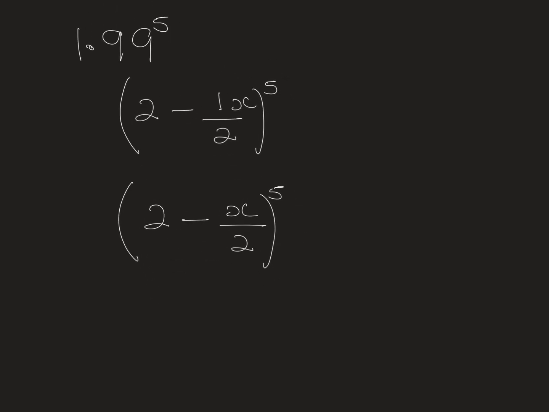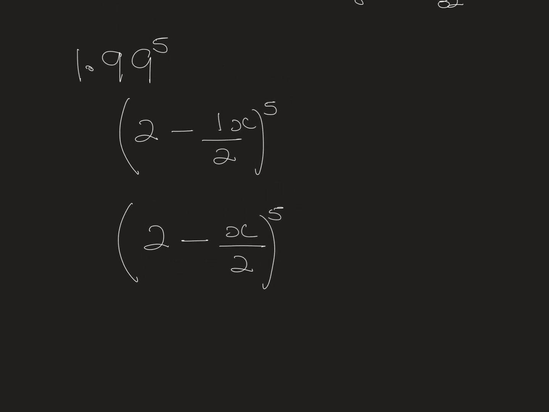So we want to make sure that what we have here can be similar to this expression. So the only way we can do that is to say for the 1.99 to the power 5, we can express it as 2 minus what will give me 1.99? 2 minus 1.99 is 0.01. So which means 2 minus 0.01 is what will give me this 1.99, to the power 5.